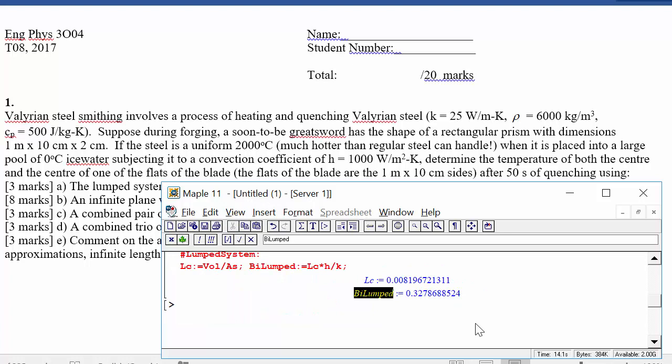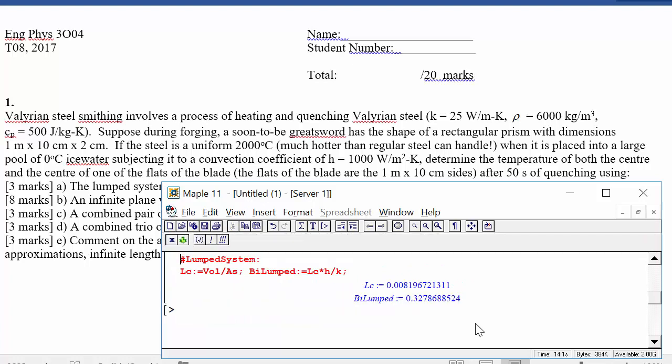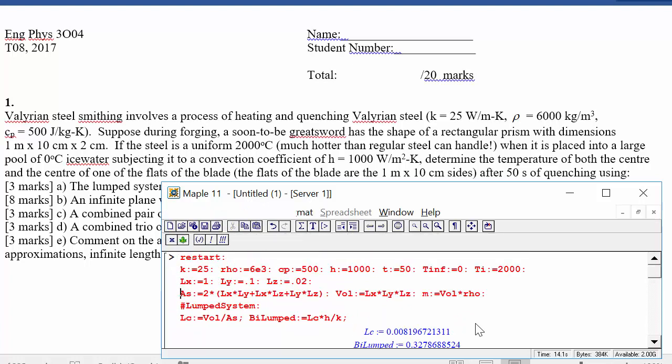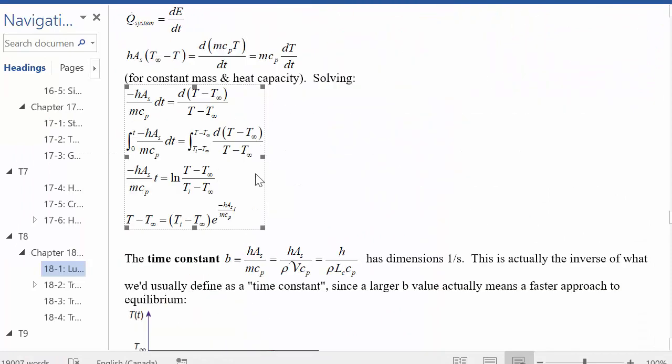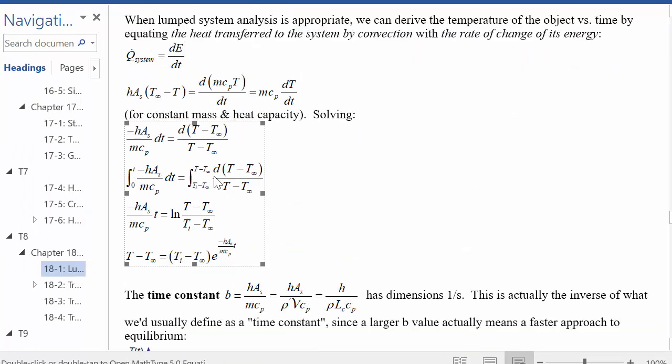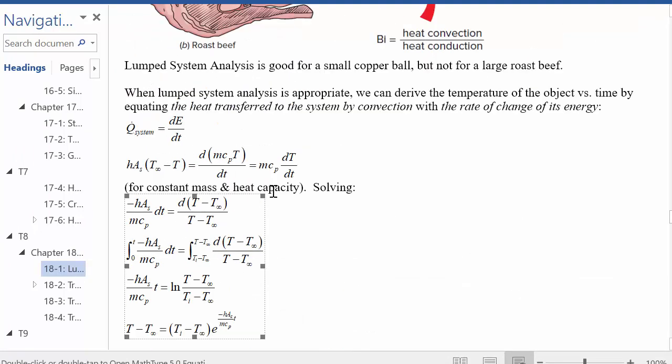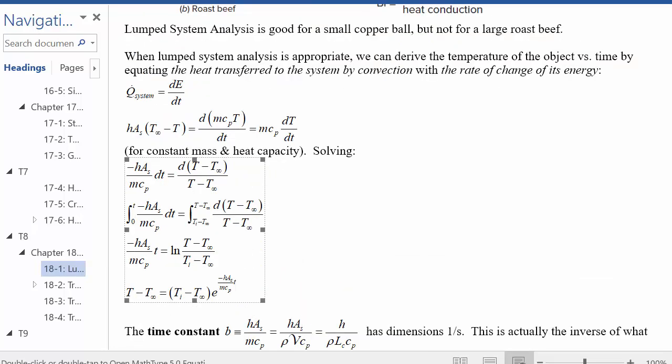Now the Biot number is larger than 0.1, so probably the lumped system analysis is not quite justified, but it's not that much larger than 0.1, so we don't expect it to be completely off. Anyway, let's go ahead and calculate the temperature. That comes from this calculation at the end of 18.1 here, where you just solve this first order differential equation and you find that the temperature goes exponentially in time according to this exponential of -h surface area divided by mass times heat capacity times time.